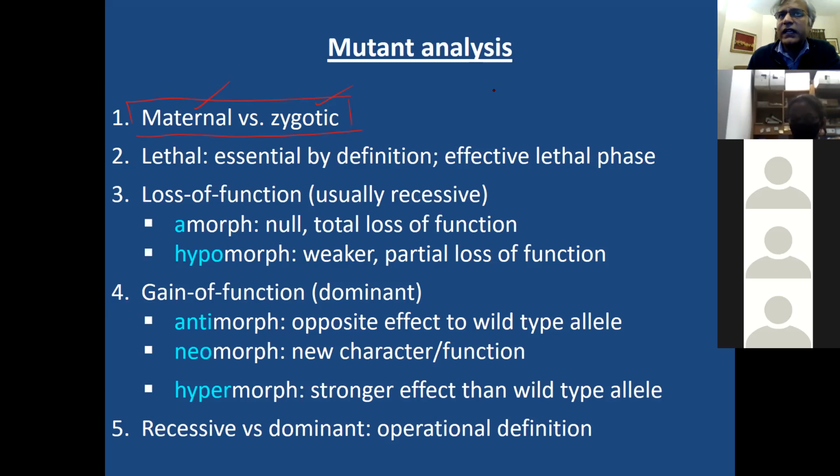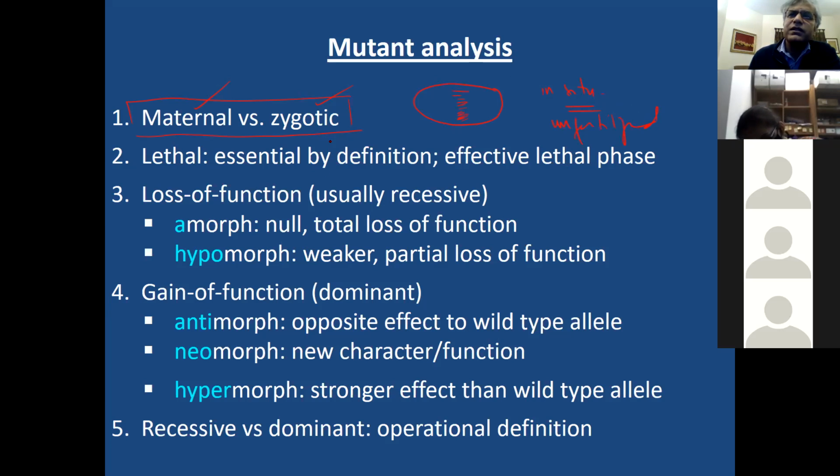If it is a maternally expressed gene, of course, by simply doing in situ hybridization at early embryonic stage, which means in unfertilized eggs, we can try to see if we find RNA of our gene of interest. If we do, it means the mother has deposited this.